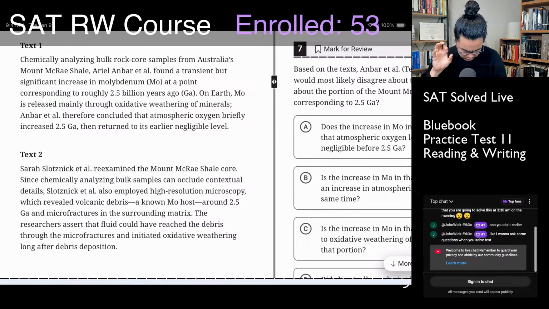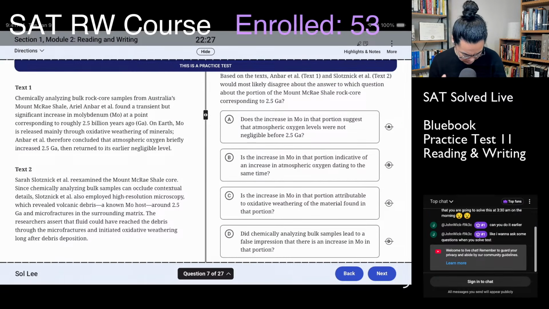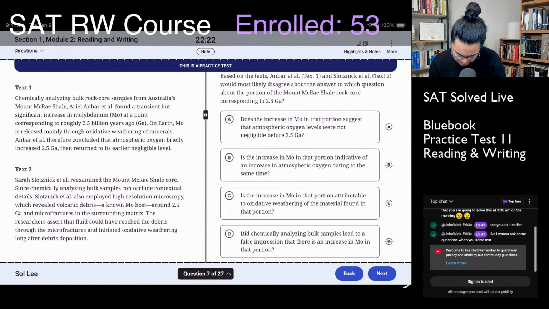What's the debris in this context? Microfractures. Where's that coming from? Okay, there we go. And long after, so the Mo could have gone on, I guess. Okay, we're talking about the oxidation time period, and we're kind of disagreeing. But did it basically go right back? Is increase?